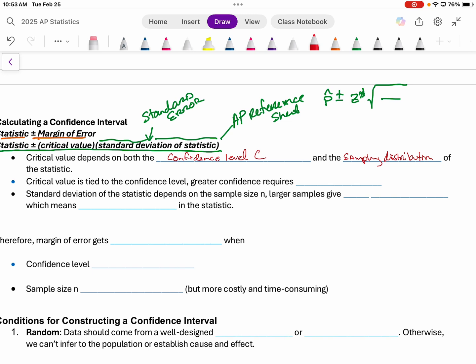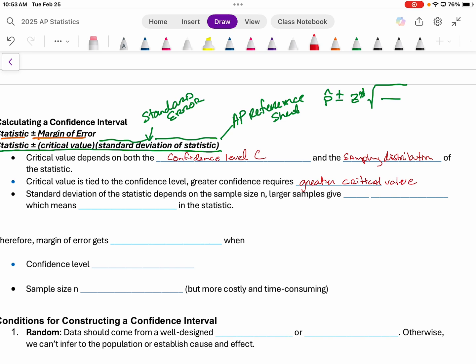The critical value is tied to the confidence level. Greater confidence requires a greater critical value. A 95% confidence level has a certain critical value associated with it all the time.